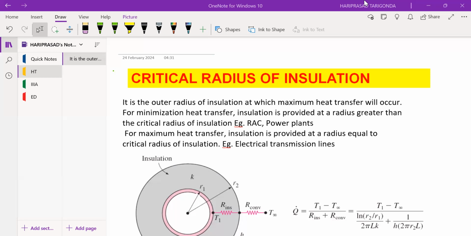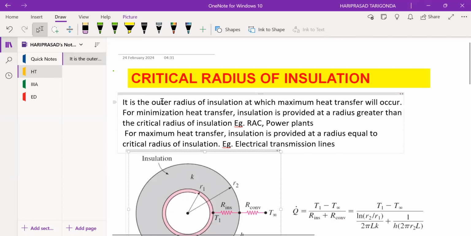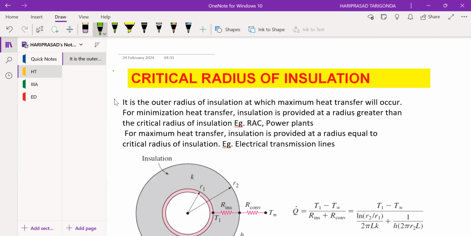So first we will see what is critical radius of insulation. The critical radius of insulation is defined as the outer radius of insulation at which maximum heat transfer will occur.